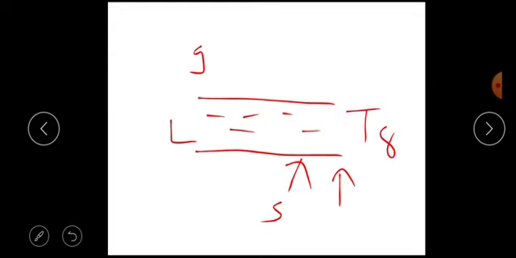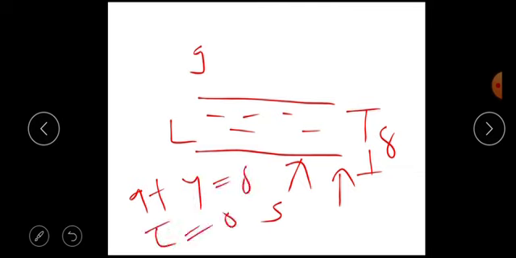This distance is delta. At a gas liquid interface, the shear stress is 0. So at y is equal to delta, tau is equal to 0.